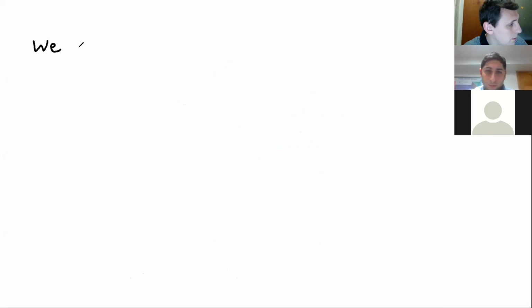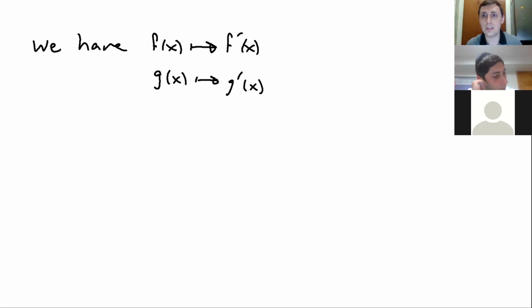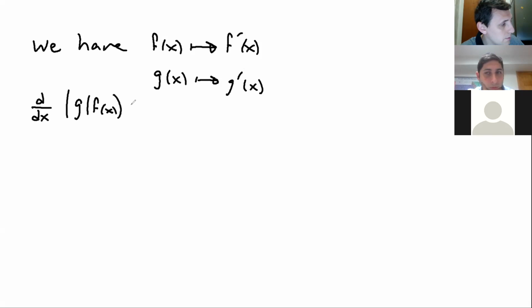We have f of x, which we can differentiate, and we have g of x, which we can differentiate. The situation we're interested in is how to take the derivative of the composition function g f of x. How do I do that?